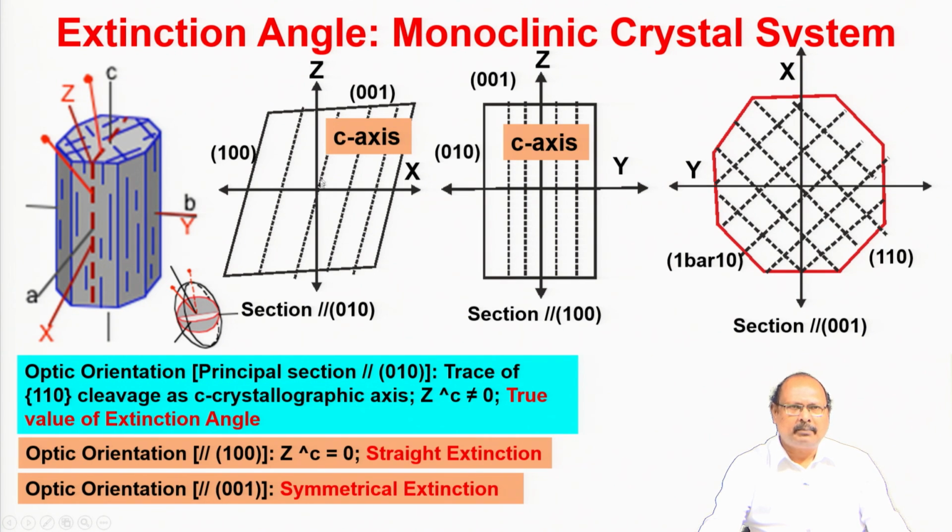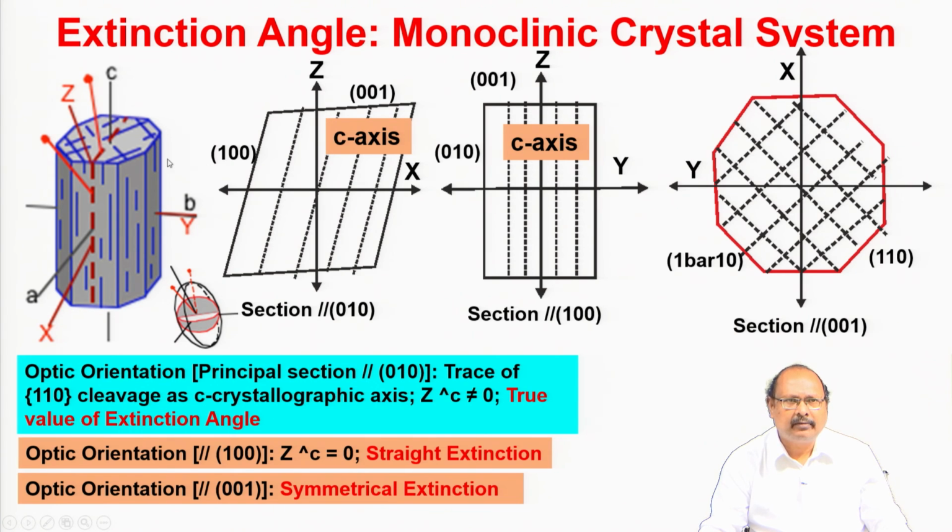So, what happens here is that C makes an angle, which is not 90 degrees. So, z and the C crystallographic axis are not coincident, they make an angle, and this angle we call the extinction angle. So, in the principal section of the indicatrix of a monoclinic mineral, that is in the 010 plane, you will see the true value of the extinction angle.